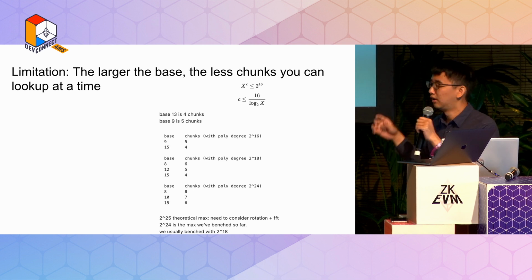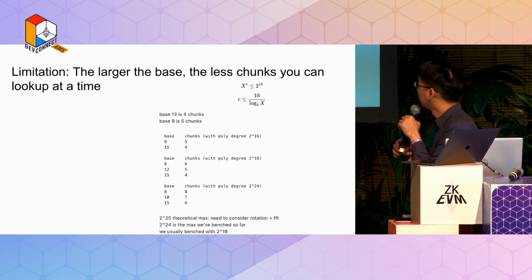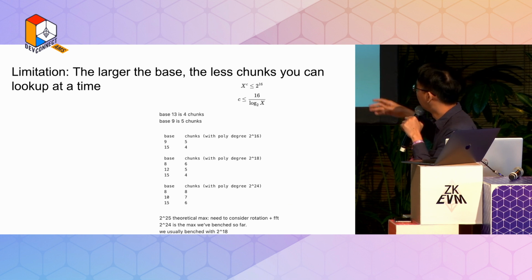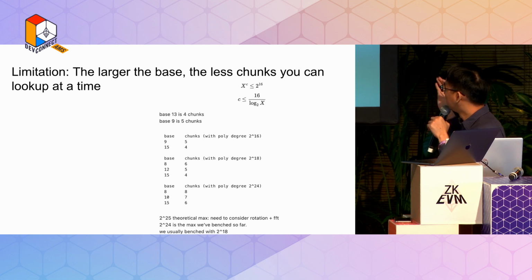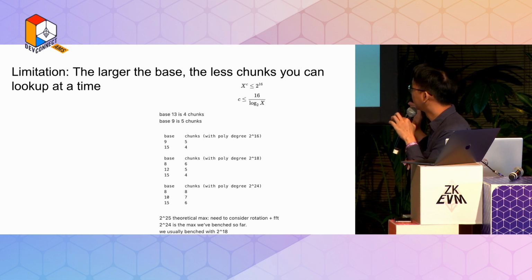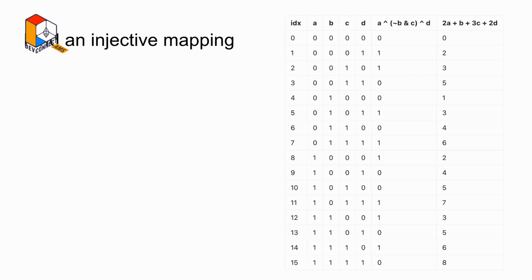So it might cause some inefficiency in the base conversion. So I tried to print some results: if you use 2 to the 16 lookup with 5 chunks, the largest base you can use is 9, but if you look up 4 chunks, the largest base you can use is 15. These are the examples.